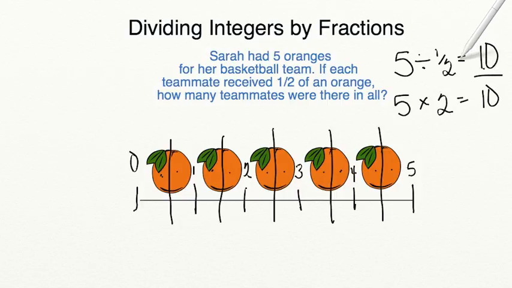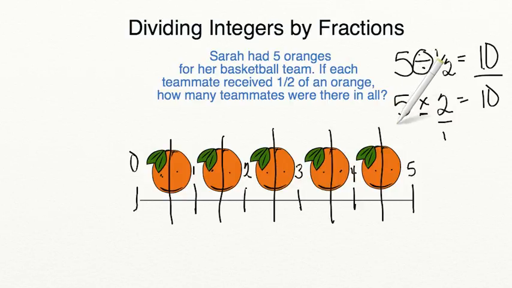Well, when you're dividing fractions, you actually can do the inverse and multiply. Let me show you how that works. We have 5 divided by half equals 10. We do the inverse operation of division, which is multiplication, and we can say that 5 times 2 wholes, notice we flipped our 1 half over into 2 wholes, equals 10 wholes.